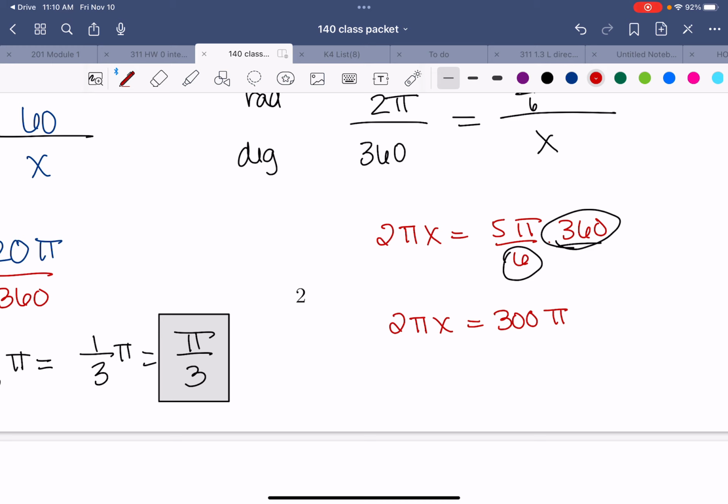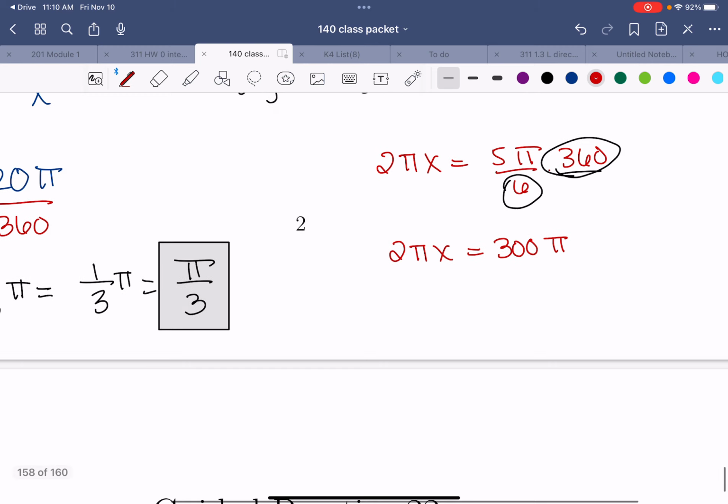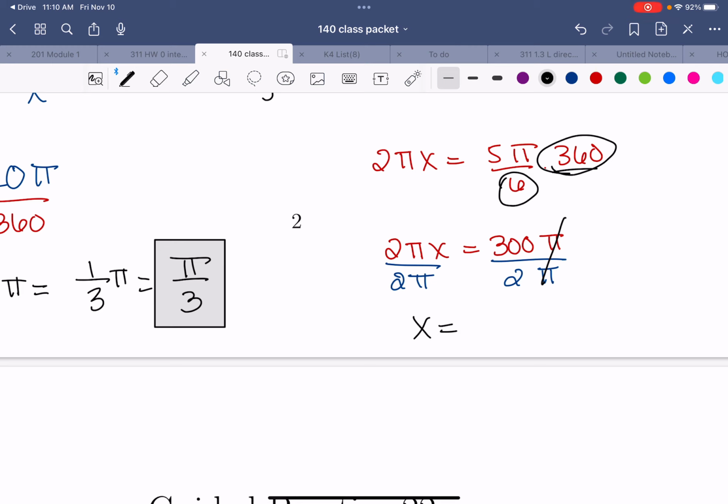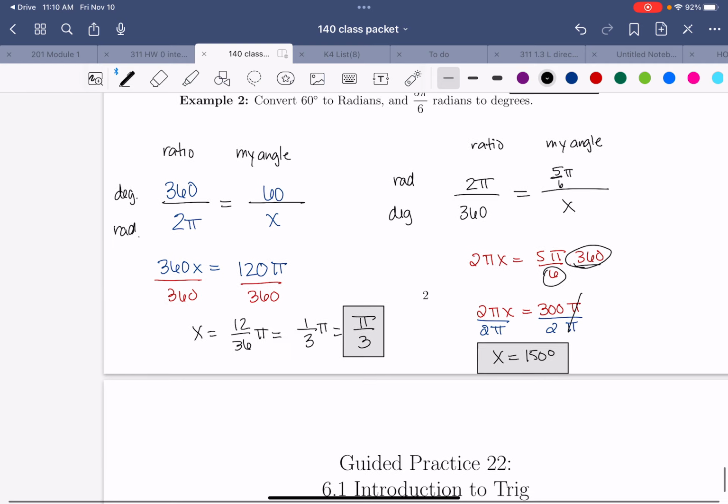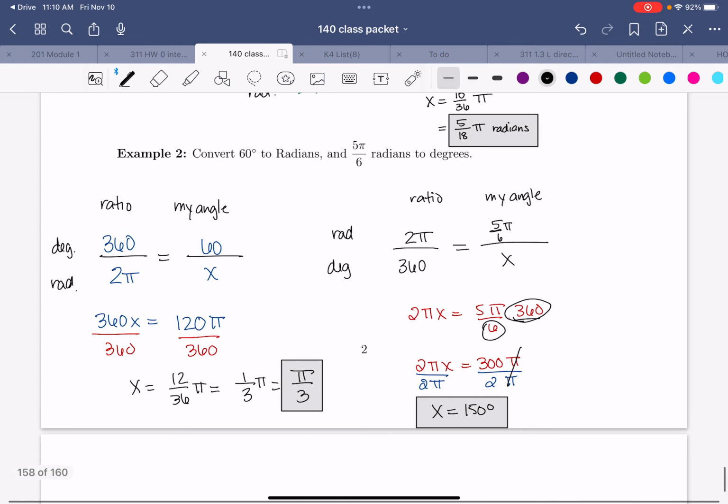I feel like I did not. All right, 5 times 360 divided by 6 is 300, so 2 pi x is equal to 300 pi. Now let's divide both sides by the 2 pi that's sitting in front of the x. When you do that, you get x equals, the pi's cancel, and 300 over 2 is 150. There we go. So that's how we convert radians to degrees.